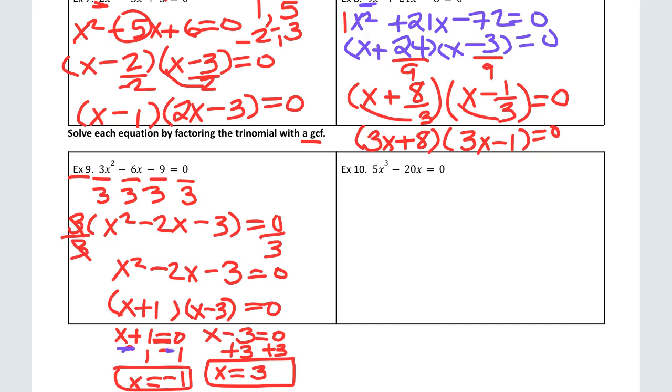Subtracting 1, x is negative 1. Adding 3, x is 3.